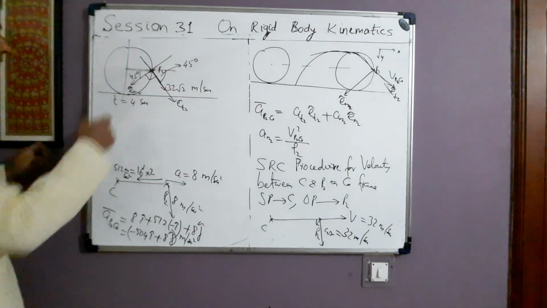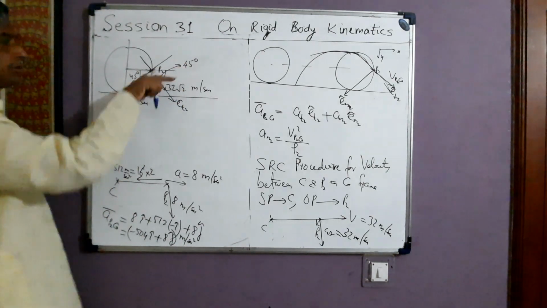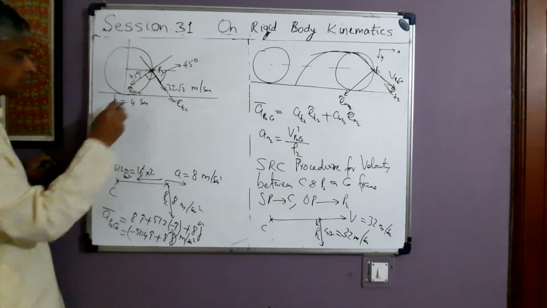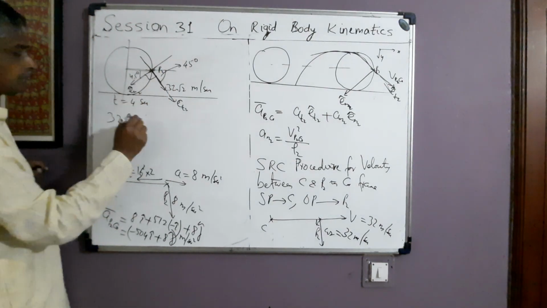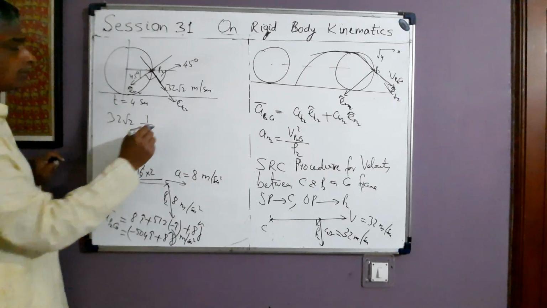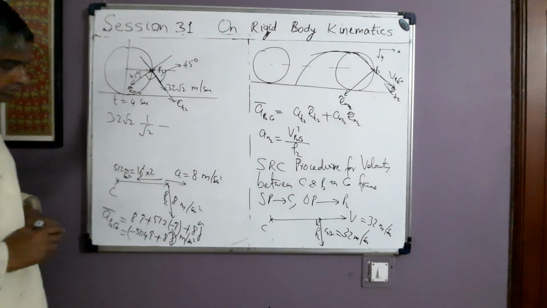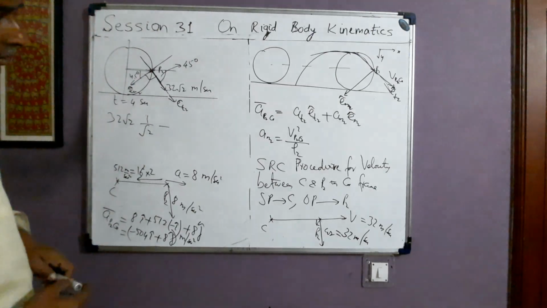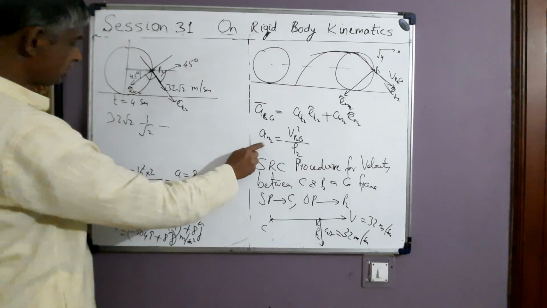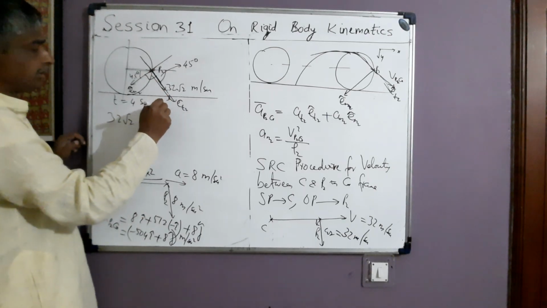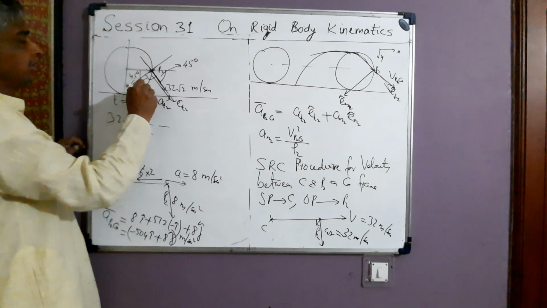The x component of Vp2g will be the sum of x components of these two. The x component will be 32 root 2 into cos 45 degree, 1 by root 2, minus AN2. Along this direction the expression is AT2, along this it is AN2.